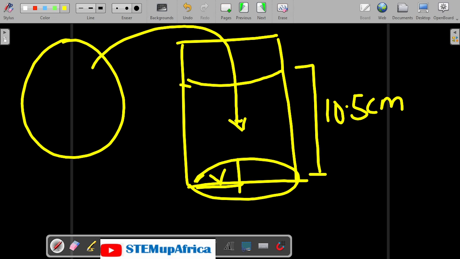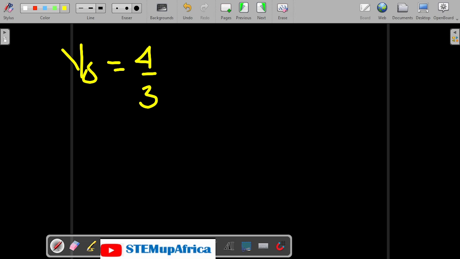So from the radius I've gotten, I can calculate the volume of the sphere. Let's calculate the volume of the sphere now. The formula is 4/3 pi r cubed.